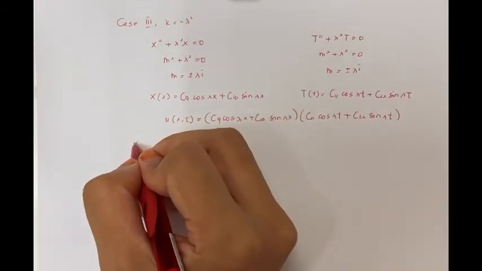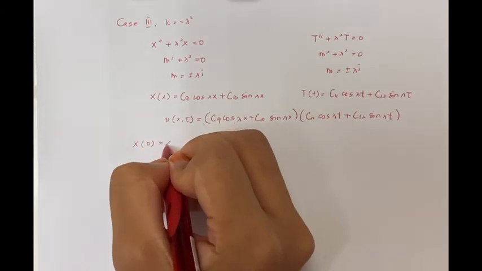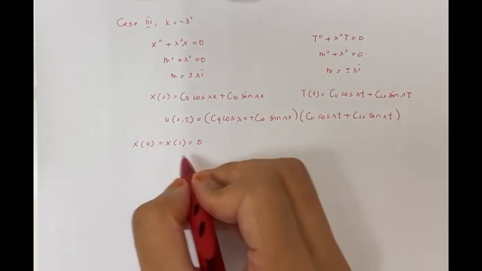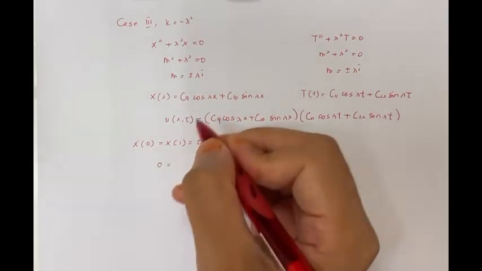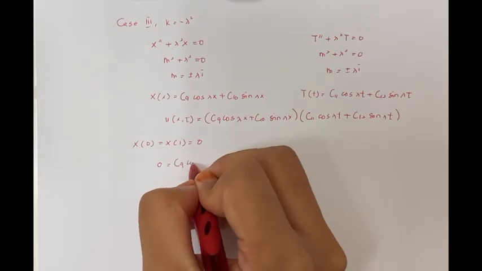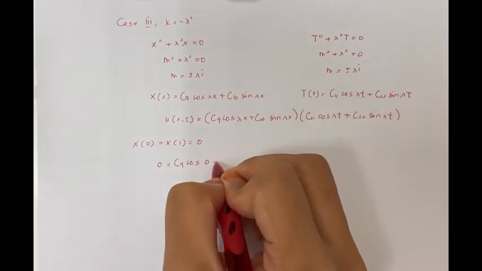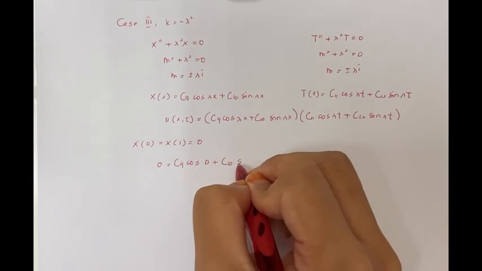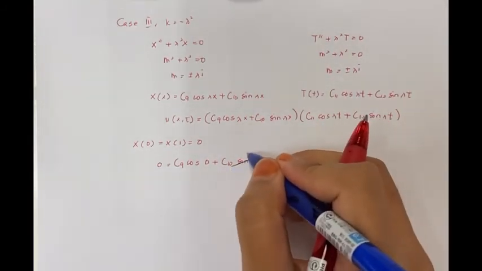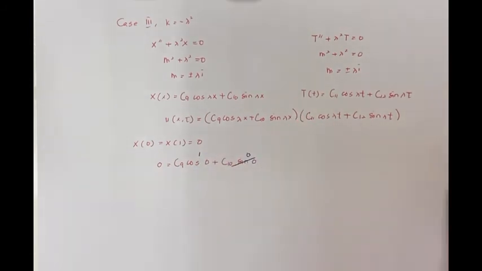Substitute x0 equal to x1 equal to 0. So for the first boundary condition, 0 is equal to C9 cos 0 plus C10 sin 0. Sin 0 is equal to 0. Cos 0 equals 1.